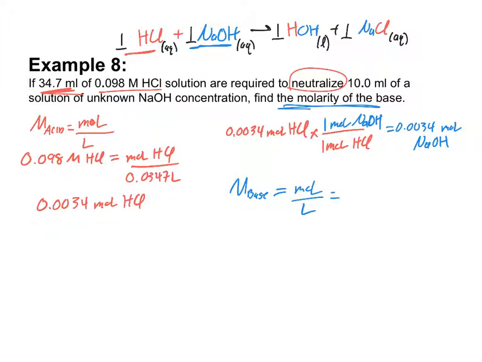So in this case, I know that I have 0.0034 moles of NaOH divided by, now this is the volume of the base that we used, so I'm going to change that to liters. And when I calculate that out, I get a value for the molarity of the base to be equal to 0.34 molar.